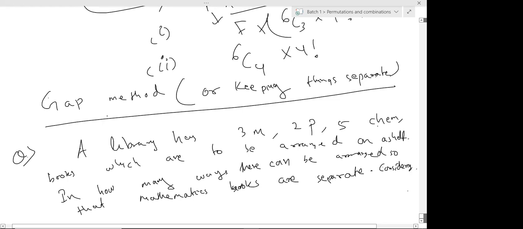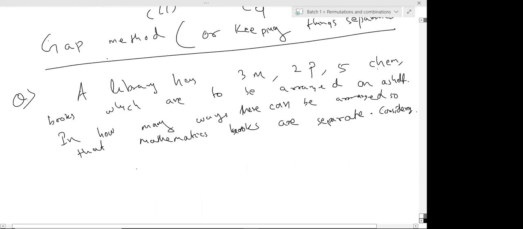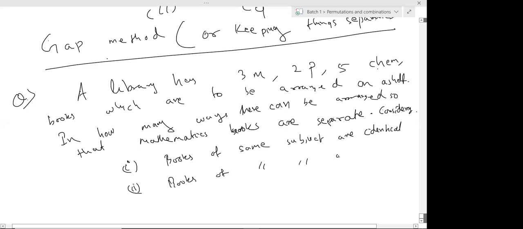Considering books of same subject are identical; books of same subject are not identical. All right. Write this question down, then I'll explain how to solve this.